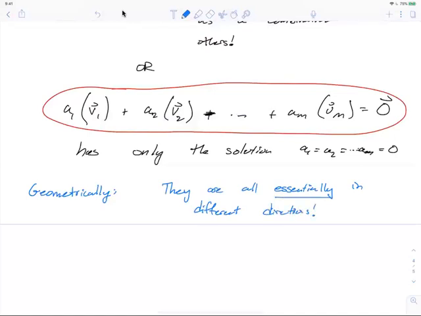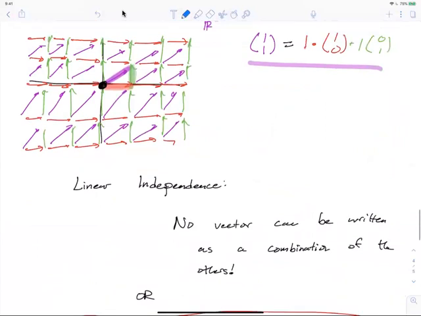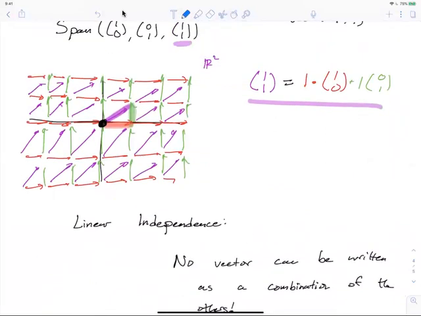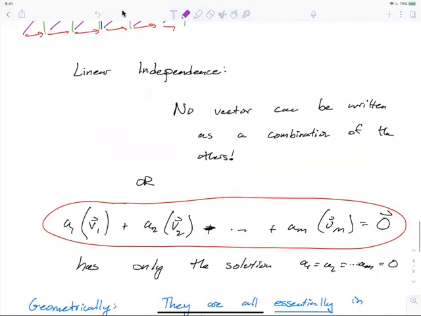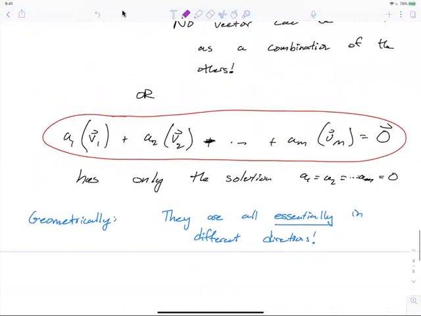So it's kind of hard to say what it means to be essentially in different directions, because they all point in different directions, but the essential thing means that they're in a new dimension. So here we have the 1, 1 essentially in the same direction as both 0, 1 and 1, 0. It's a little bit of an intuitive idea, but the idea is that you're going to be linearly independent if you're all in essentially different directions forming different dimensions.